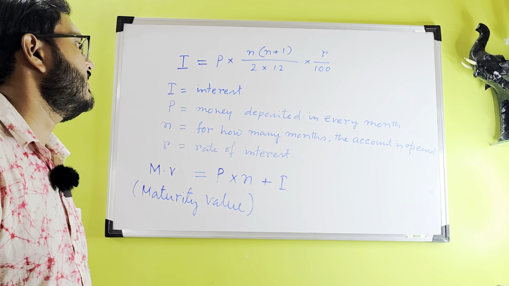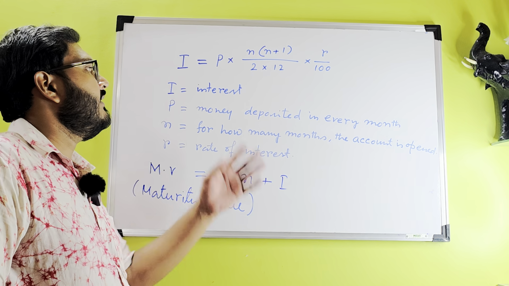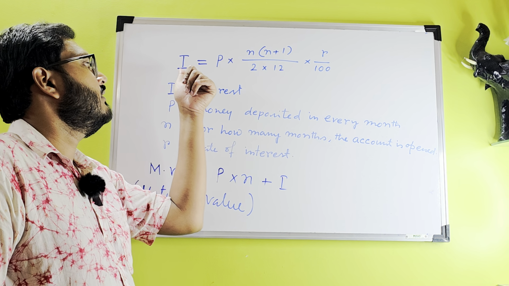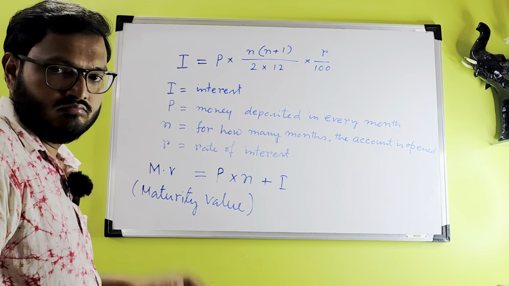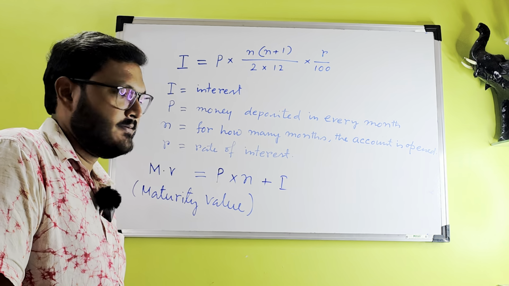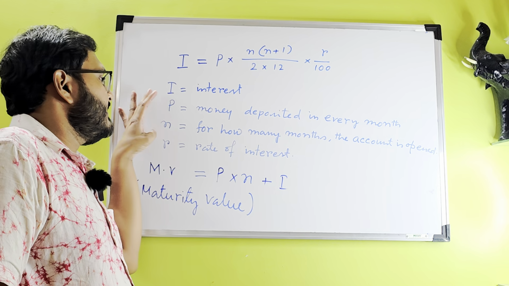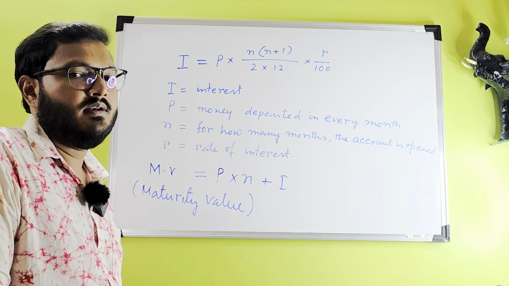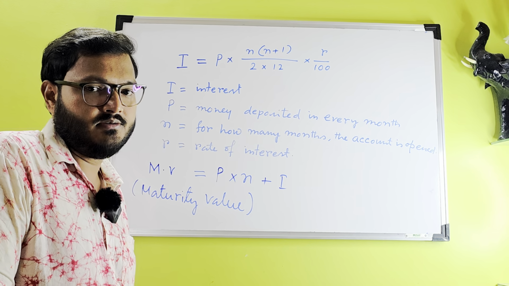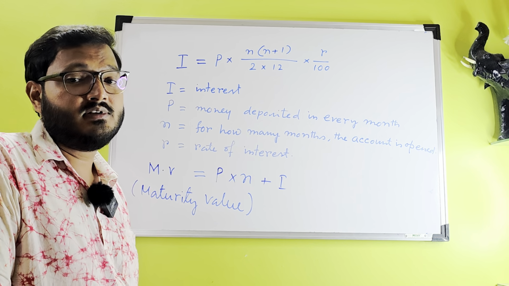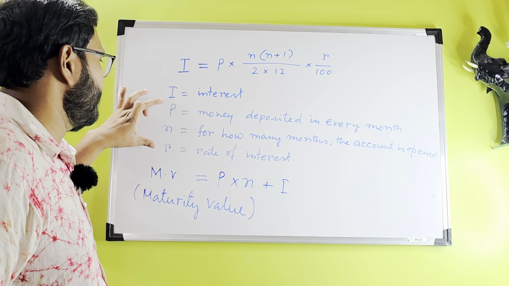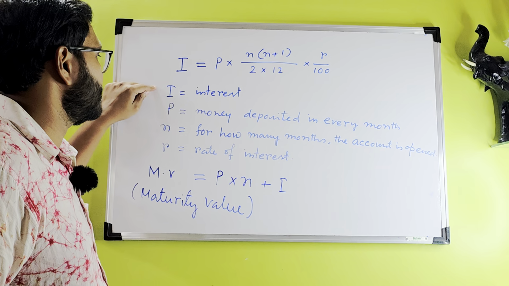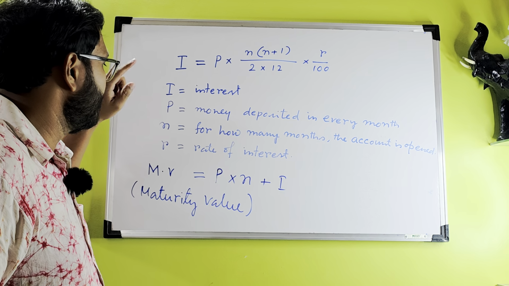Here, one thing you notice in this formula: how many things are there? One, two, three, four. So four things are there. Three things will be given, and one thing you have to find out. So how many types of sums are there? Four kinds. Sometimes they will give these three and ask for the interest.